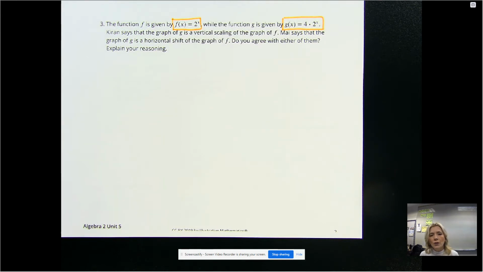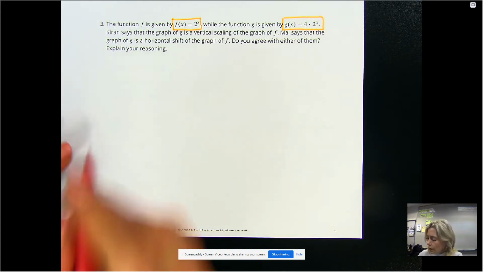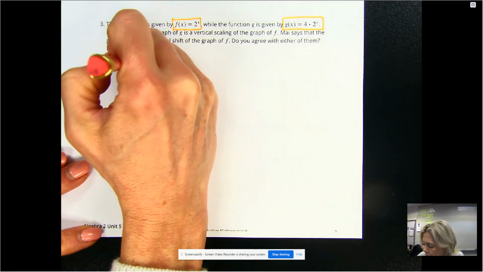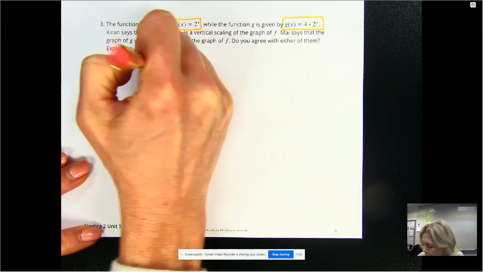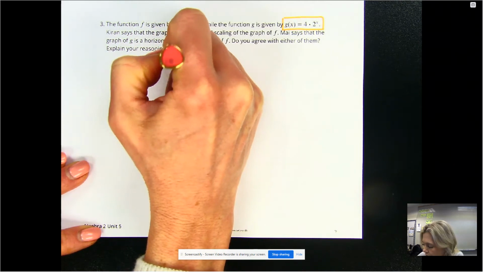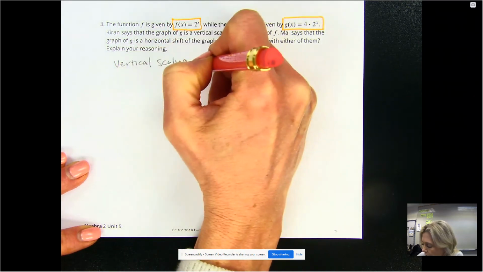So for 2 to the x versus 4 times 2 to the x, could we say this is a vertical scaling? And I would say absolutely.